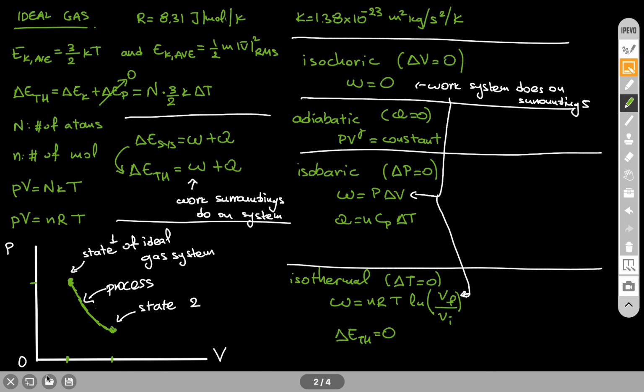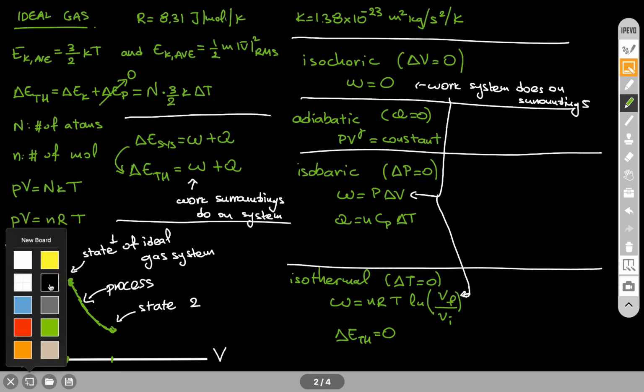Okay, so let's go and work with this process on a new blackboard. Here I'm going from 1 to 2, and it's an isothermal process, so delta T is 0. Because the change in temperature is 0, I know that the change in the thermal energy is N 3 over 2 k delta T. If you plug in the 0 for delta T, you get 0.